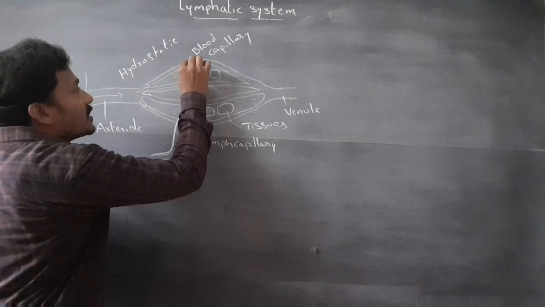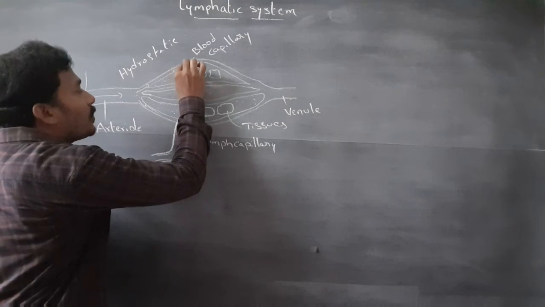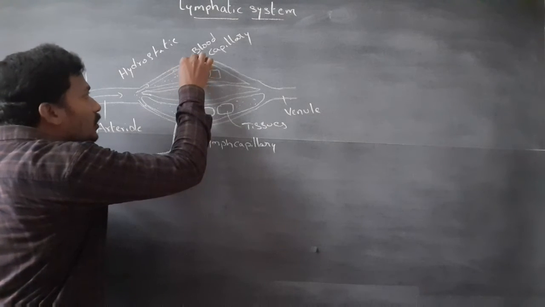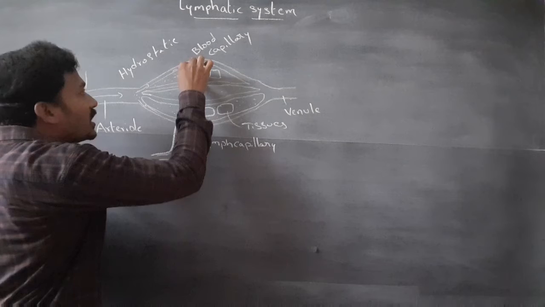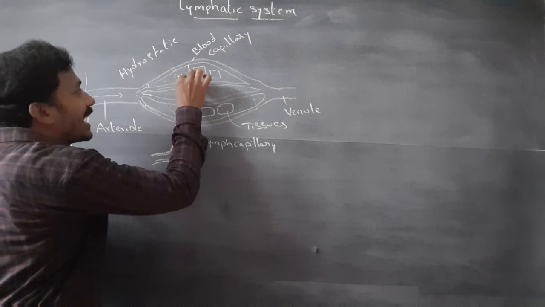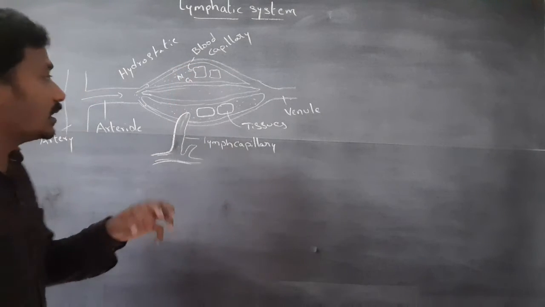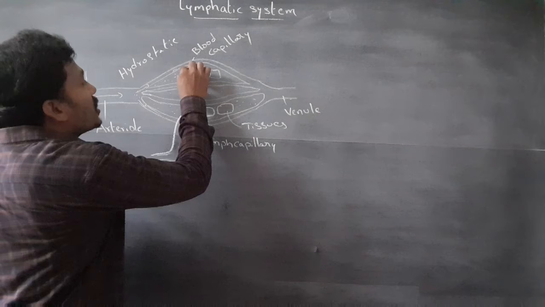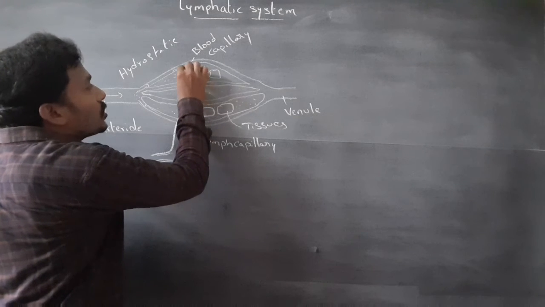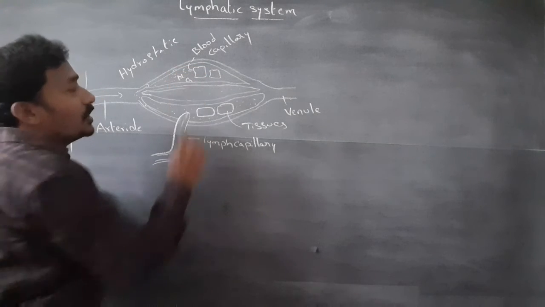The endothelium of capillaries is thin. So the nutrients, gases, and other essential substances are filtered into the tissues.